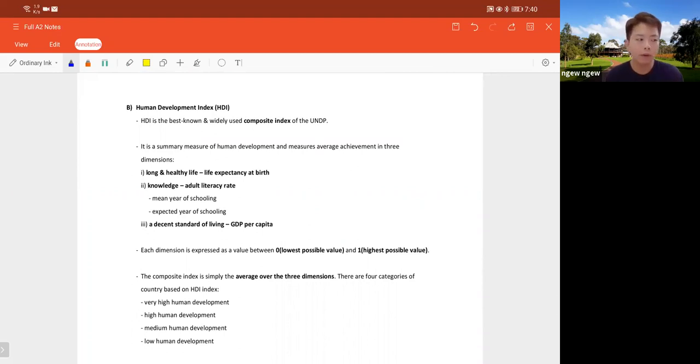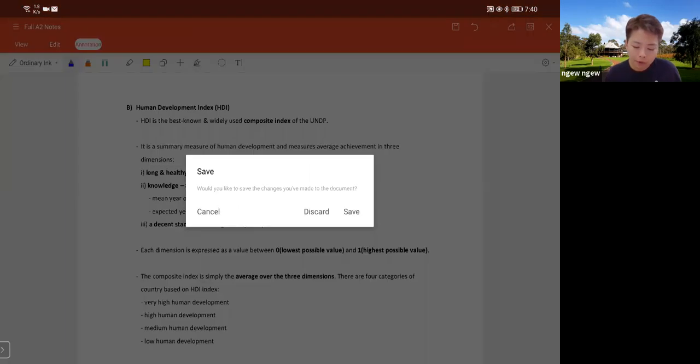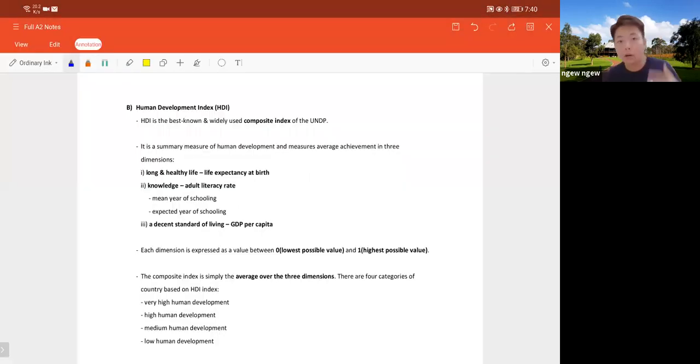And also, if I'm not wrong, if you are doing geography, if you are learning standard of living and developing countries, you might come across Human Development Index. So now, Human Development Index, and later on, we are going to learn something called Human Poverty Index.